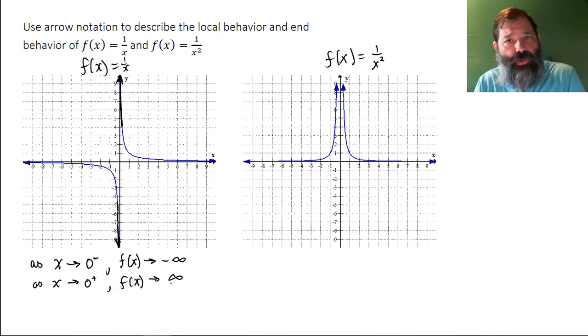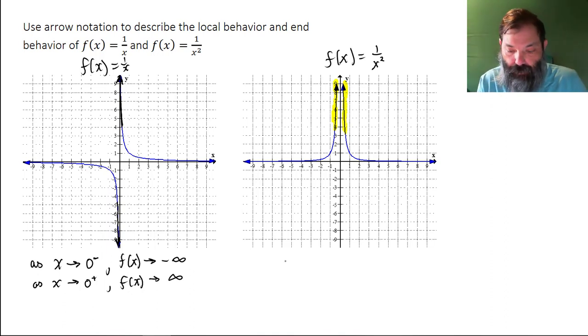Now let's contrast that with the function f of x equals 1 over x squared. And we again see some interesting behavior near x equals 0. However, for this function, on both the left and right-hand side, the function is increasing without bound.